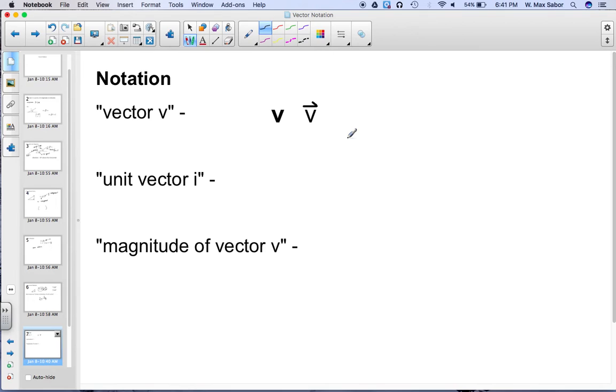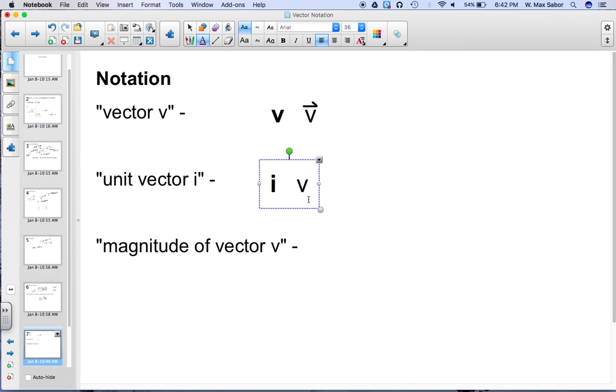Unit vector i. Sometimes people just use the exact same notation as for a vector, and they would tell you out loud, oh, this is a unit vector, or they would write, this is a unit vector. So you could write it like that, or that, with half an arrow over it.